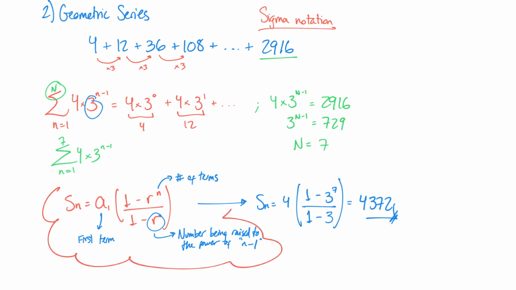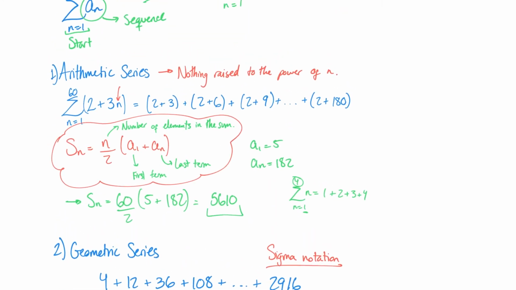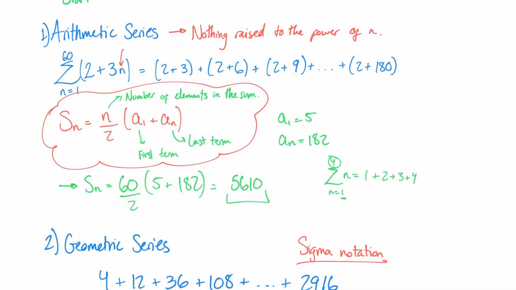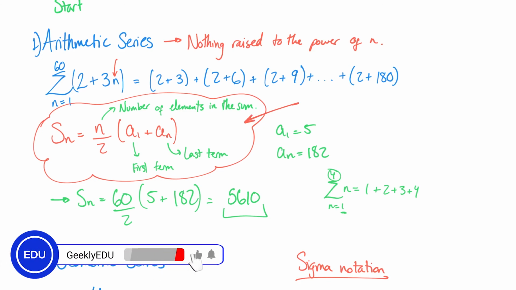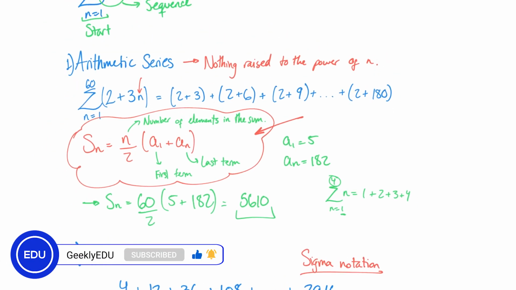If they're geometric, meaning there is a number that is being raised to the power of n, n minus 1, n plus 1, this is the equation we will be using. If there are no terms being raised to the power of n, this is the equation we will use. And after that, it's just plug and chug.